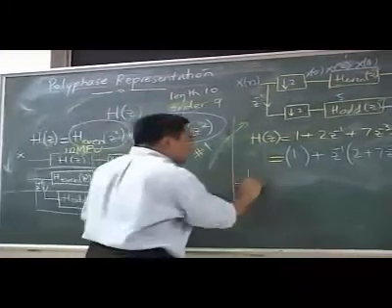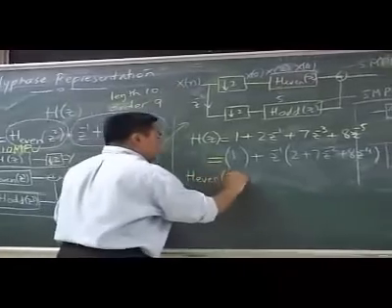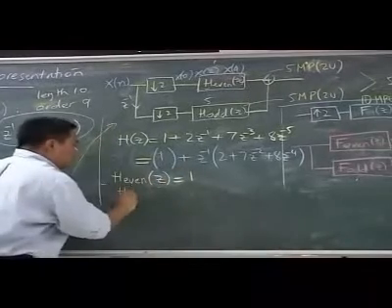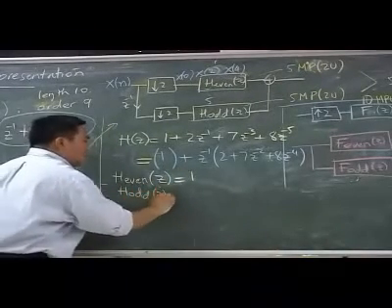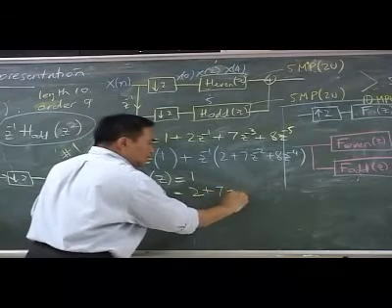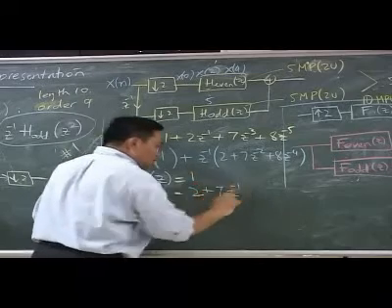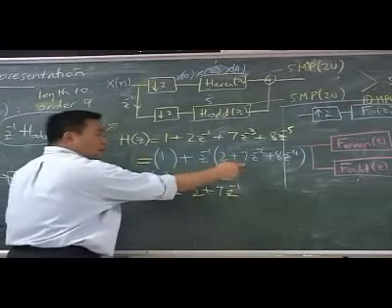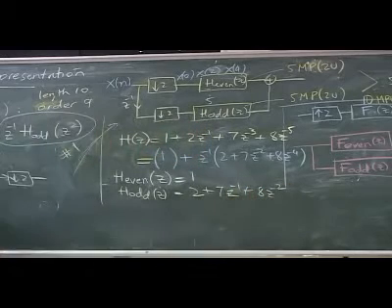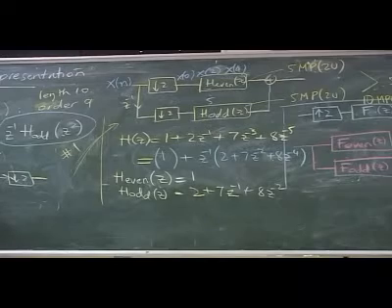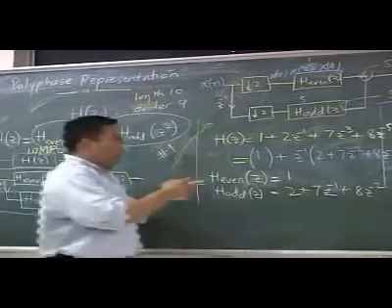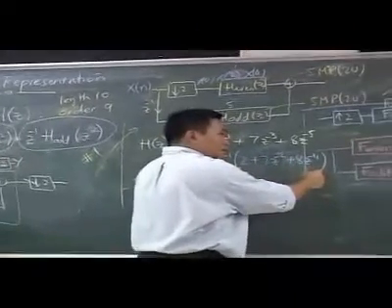So tell me, what is H even of Z? 1. Just 1. What is H odd of Z? 2 plus 7 Z inverse, right, because this is Z squared, plus 8 Z to the minus 2. That's how you do it. This is H odd of Z squared.